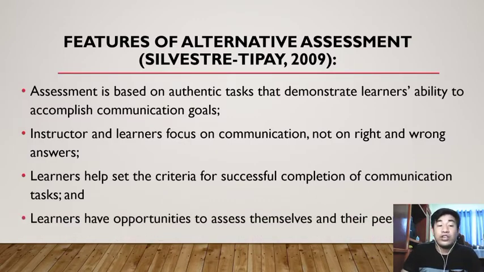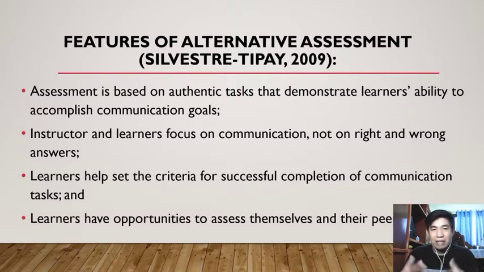Another, learners have opportunities to assess themselves and their peers. So, one characteristic of alternative assessment is that learners are able to assess themselves and also assess the performance of their classmates. So, how to do this? It could be in the form of checklists where Group A will rate Group B's performance and Group B will rate Group A's performance.